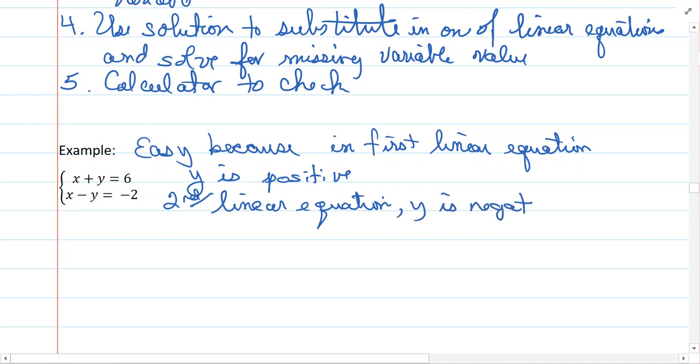So they'll zero out. Of course, this one's the easy one, so that I can show you what I mean.